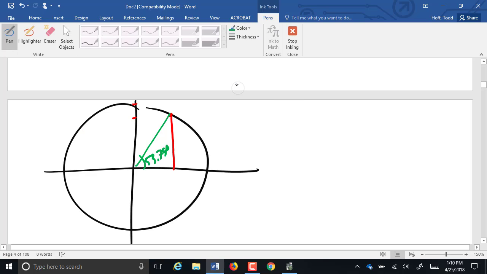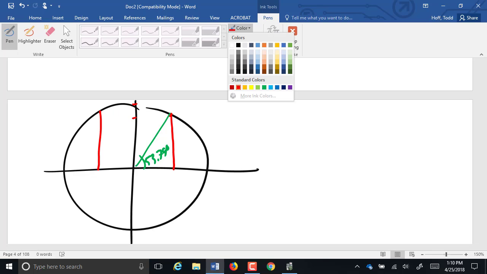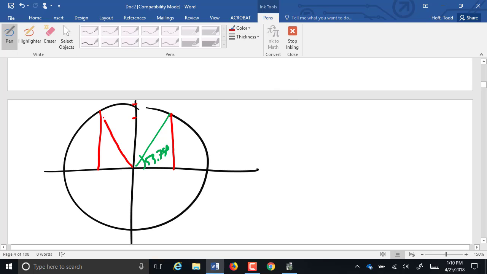However, there is another spot on the unit circle that has a sine of 0.8069. And it's right here. That has a reference angle of 53.79. Both of those have the same sine. Of course, this angle here is going to be the supplement of that. 180 minus that is 126.21 degrees.